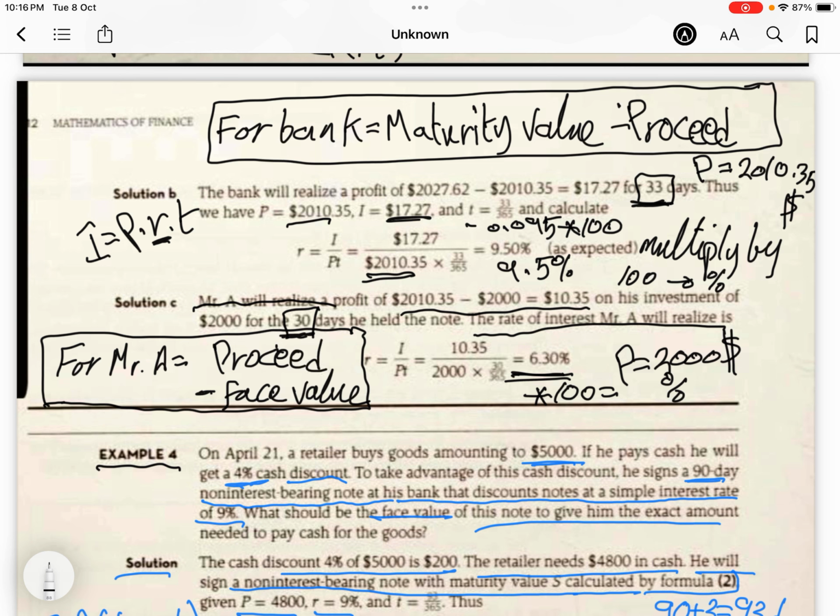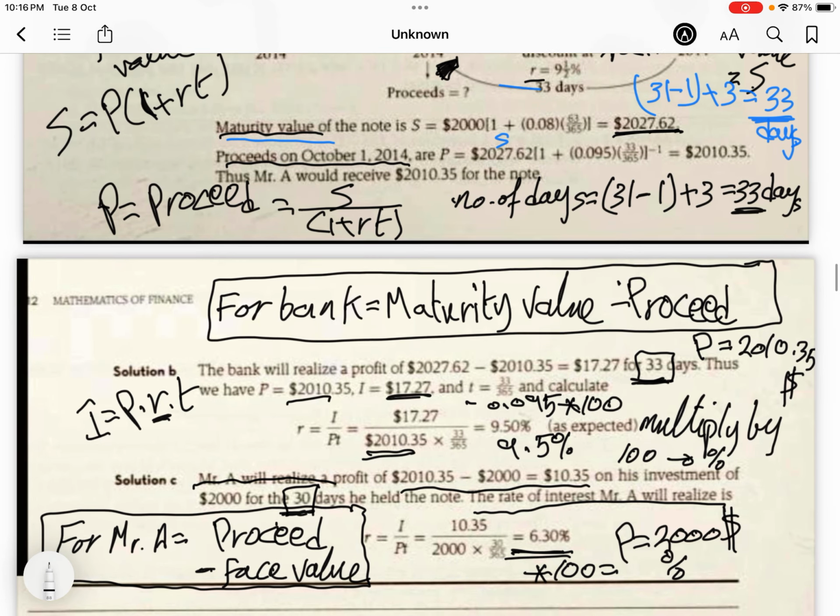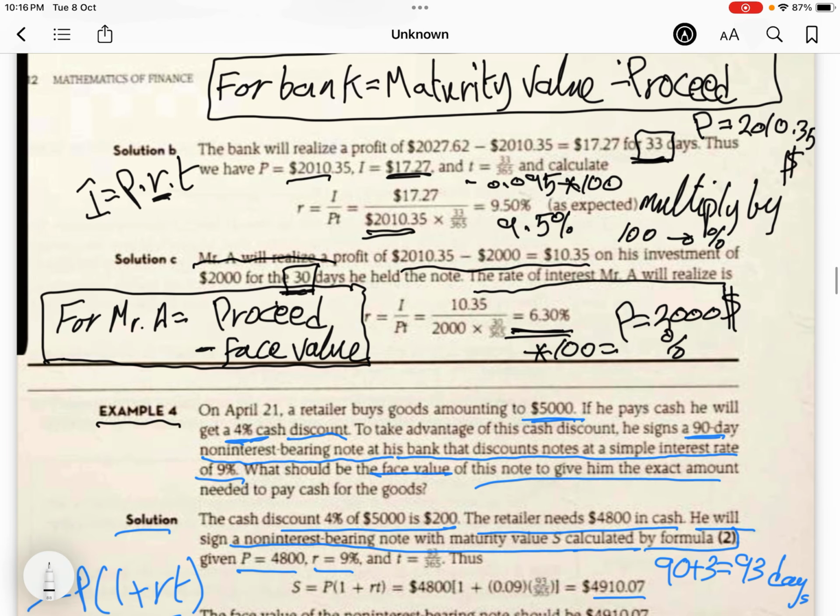The face value is 2000 in the beginning, and the proceeds are 2010.35.